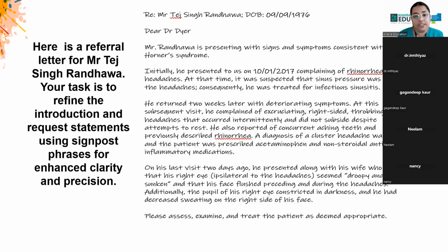Kayumba says, I'm writing to refer Mr. Randhawa for assessment and management. Great. He's presenting with signs and symptoms. Makes sense. Pooja says, I'm writing to request further evaluation and treatment for Mr. Randhawa, who is showing signs and symptoms. Makes sense. Vachapu says, I'm writing this letter to request further assessment and management.